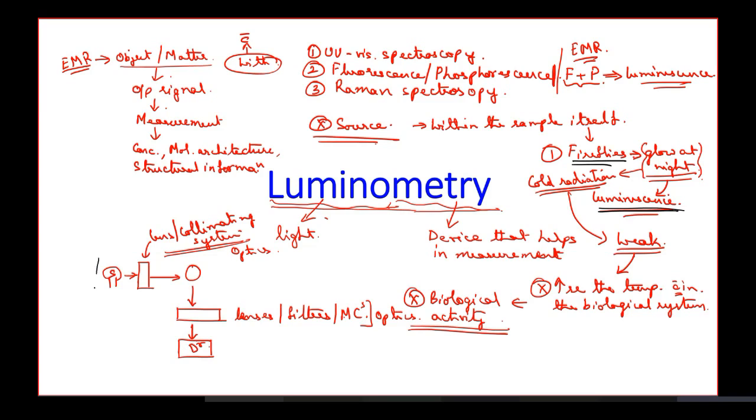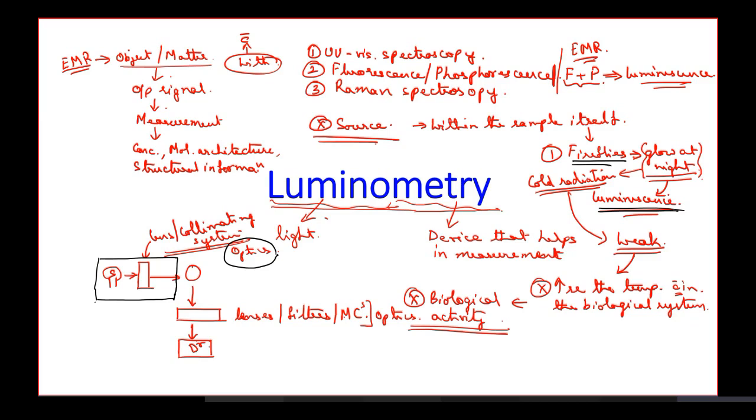This area, which I am marking with black, is the source and lens or collimating system. This optics, which gets us the light that makes the electromagnetic radiation incident onto the sample, is not present.